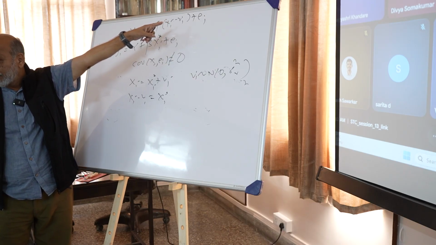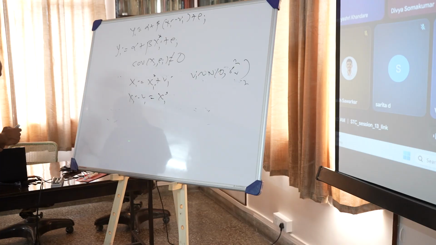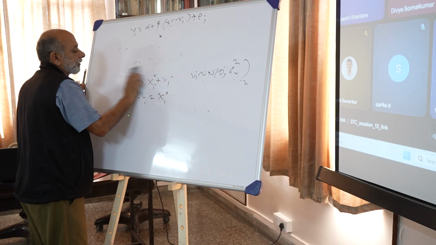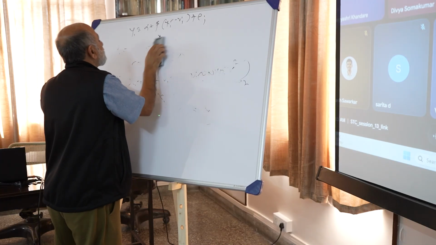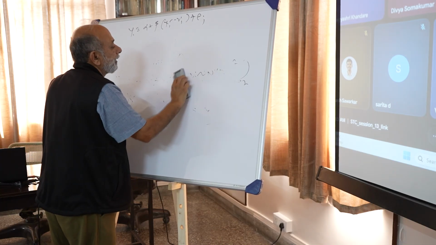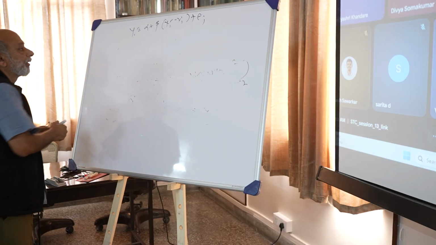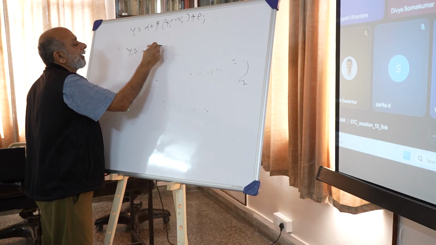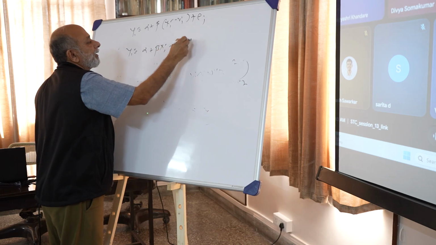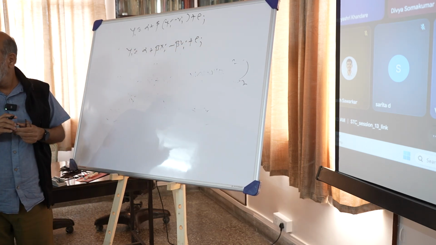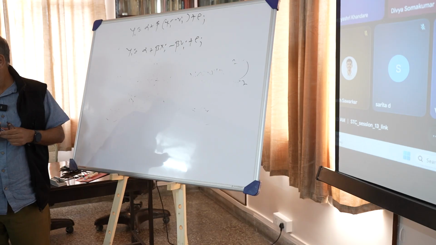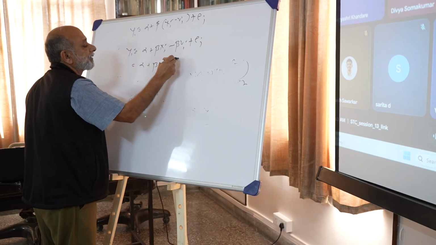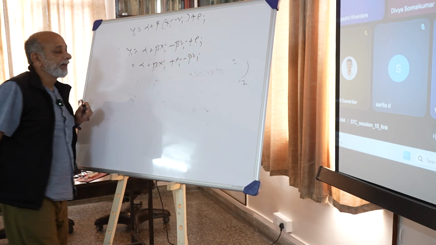Now, if you open this out a little bit, what do you get? Yi is alpha plus beta xi minus beta Vi plus Ei, which is the same thing as alpha plus beta xi plus Ei minus beta Vi.